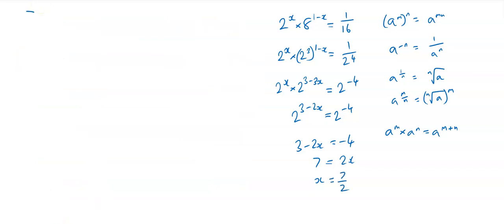Let's say we have root 3 to the power of x times 9 to the power of 1 minus x equals 1 over 3 root 3, or let's say to the power of x plus 2. Okay, do try this before you listen to me do it.